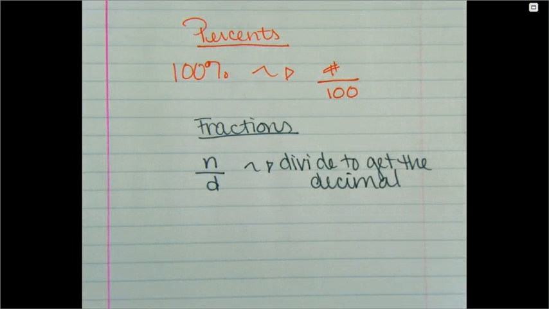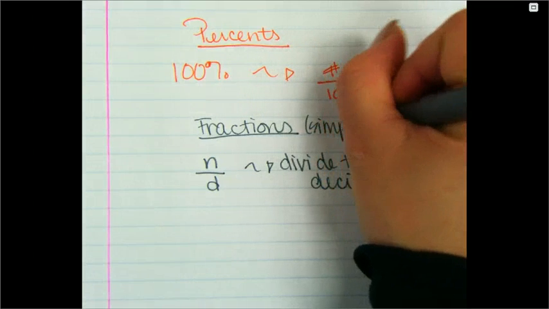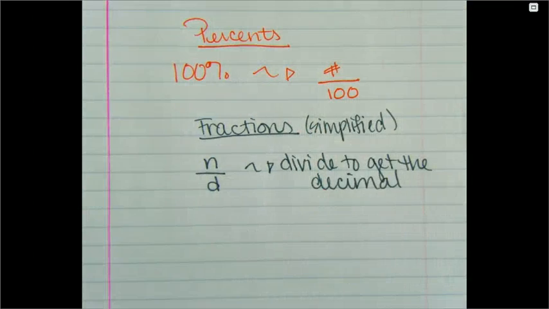You can divide to get the decimal. Our fractions must always be simplified. Okay. Must always be simplified.